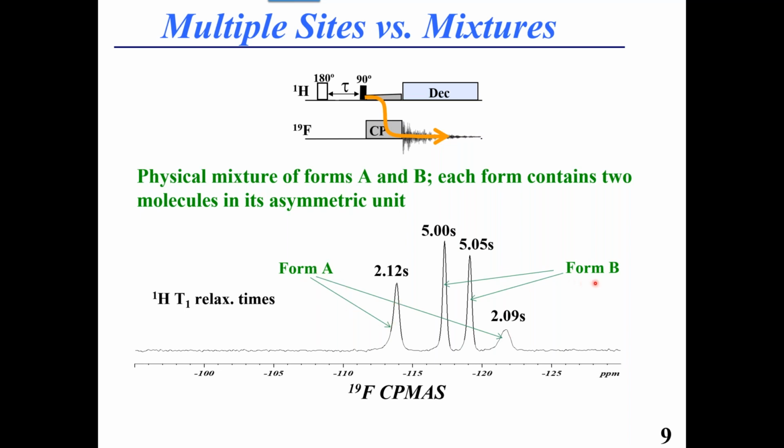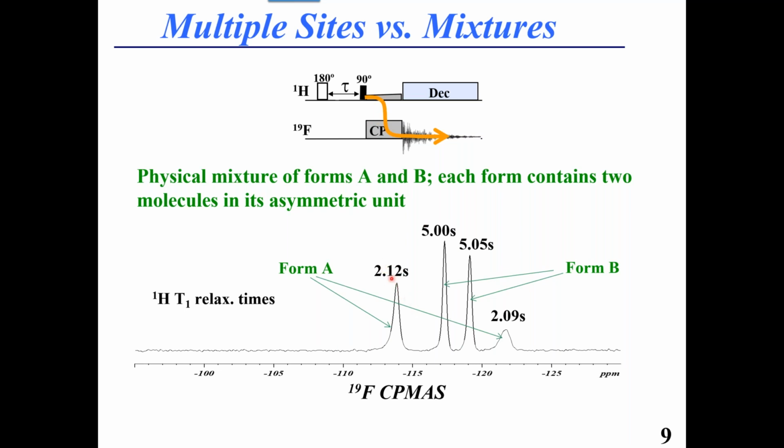So we had form A and form B. And imagine if you didn't see the labels and just acquired proton relaxation by this simple technique, the fluorine observe proton relaxation experiment. It's basically very sensitive. So again, it can be done in minutes or less.